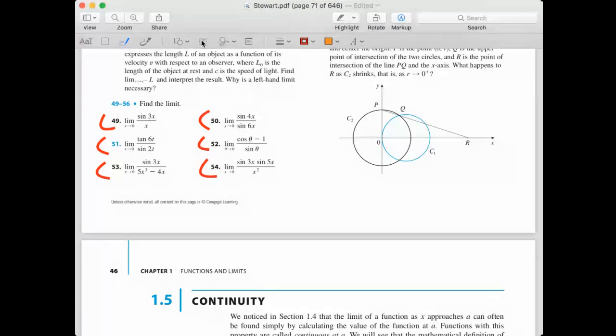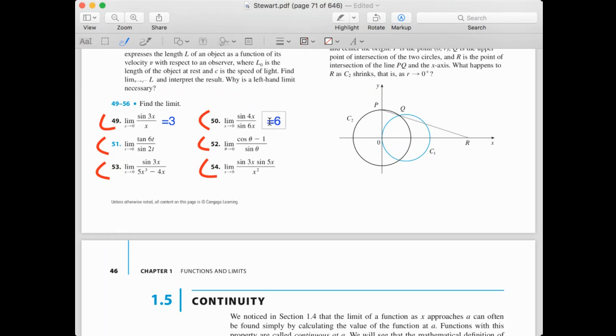When you multiply it out, you get 4 over 6 times sine 4x over 4x multiplied by 6x over sine 6x. Once you divide the last two fractions, you get 4 over 6 times 1, and 6x over sine 6x is 1 to the negative 1 power, and when you multiply that, you get 2/3.